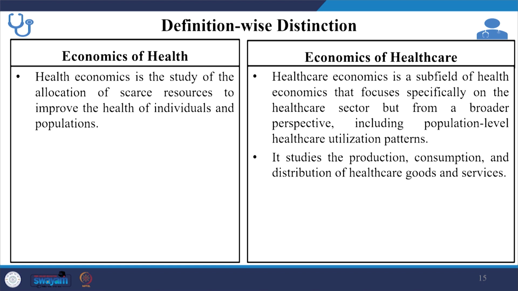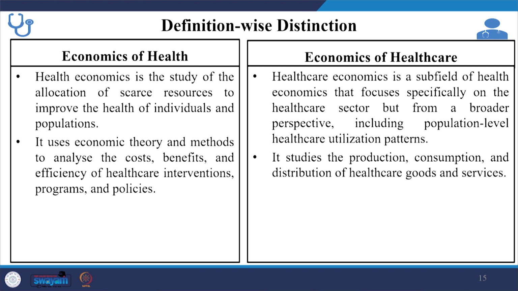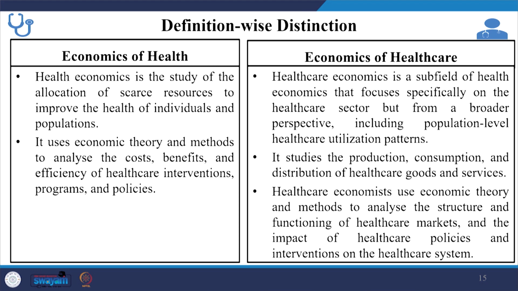It studies the production, consumption and distribution of healthcare goods and services. Whereas economics of health uses economic theory and methods to analyze the cost and benefits and efficiency of healthcare interventions, programs and policies.